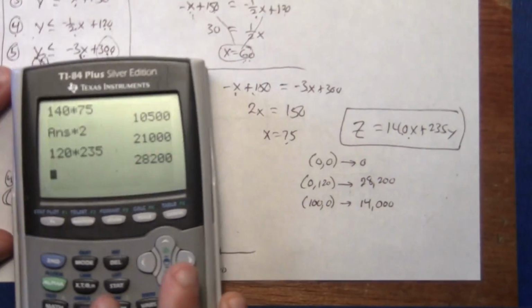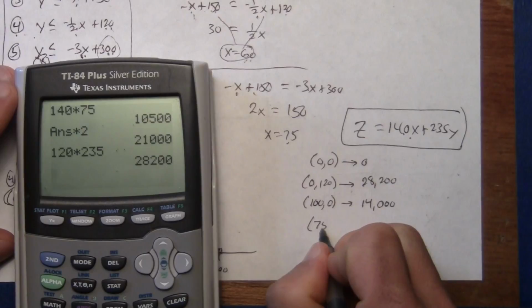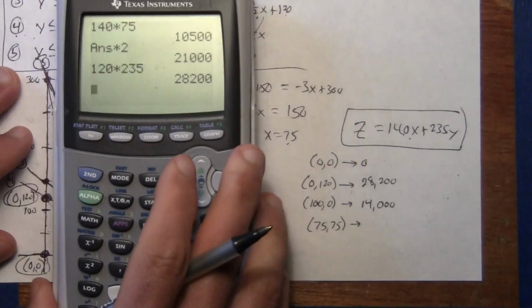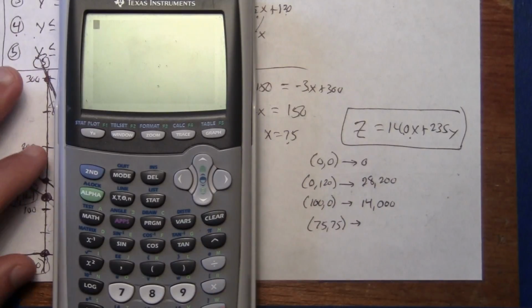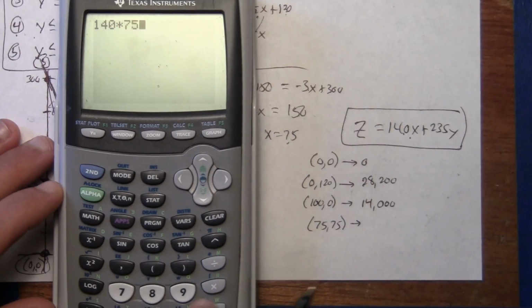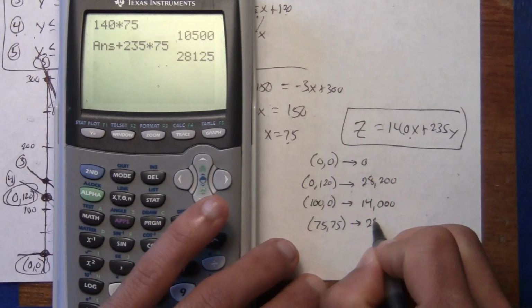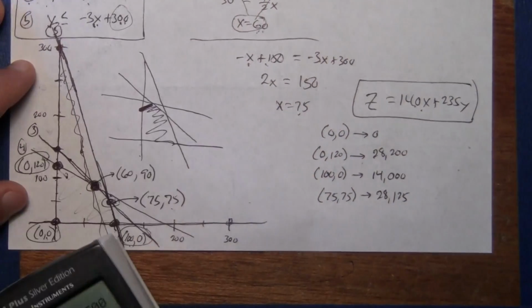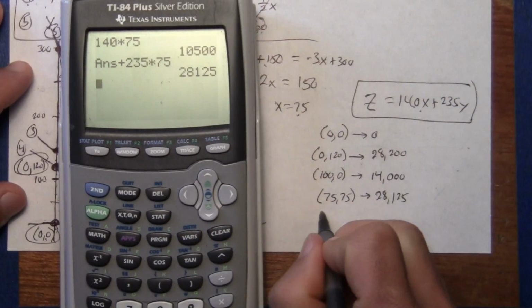If I looked at 75, 75, I am going to end up with 140 times 75 plus 235 times 75, and that's going to give me 28,125. And then I've got 1 point left, and that's 60, 90.